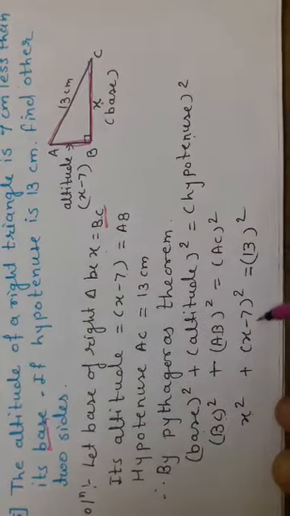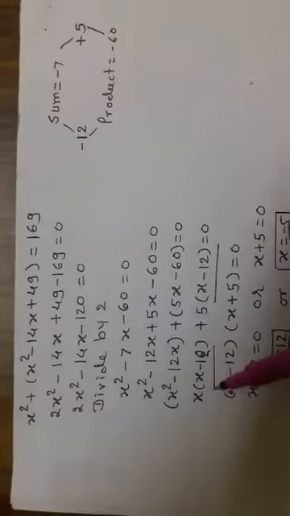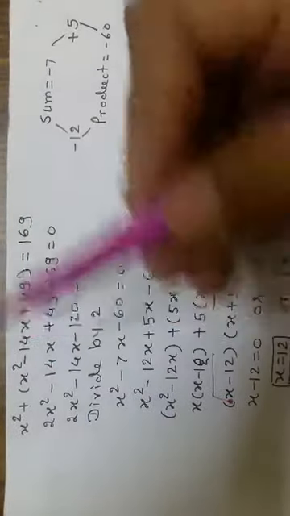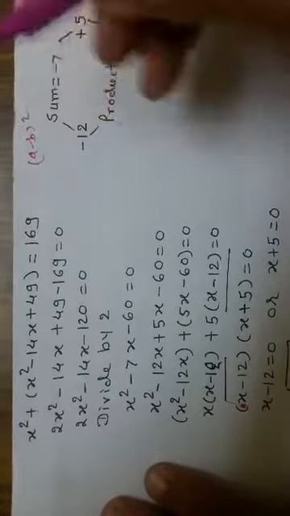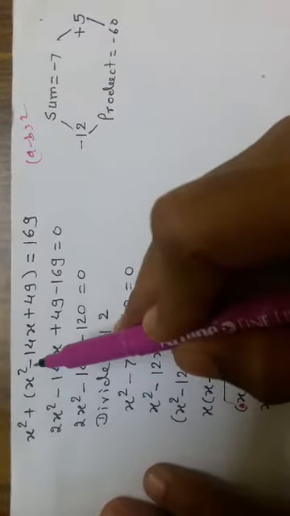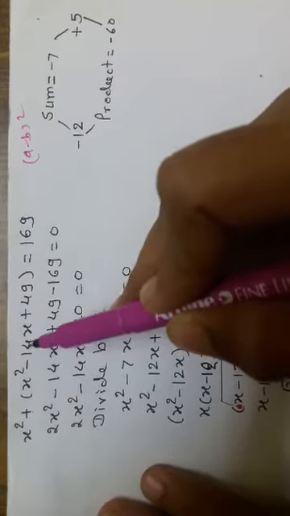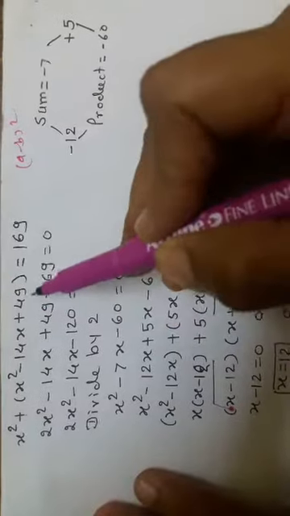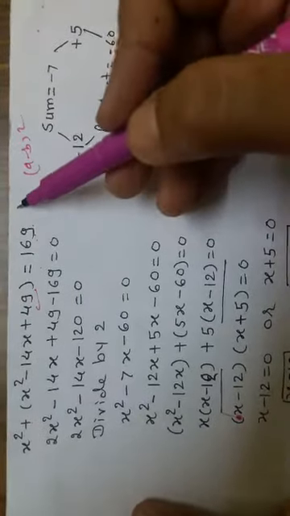x square plus x minus 7 whole square is equal to 13 square. x square. The second term is x minus 7 whole square. We will use the identity a minus b whole square, that is x square minus 2 into first term into second term, minus 2 into x into 7 means minus 14x, plus minus 7 square means 49, which is equal to 169 because 13 square.